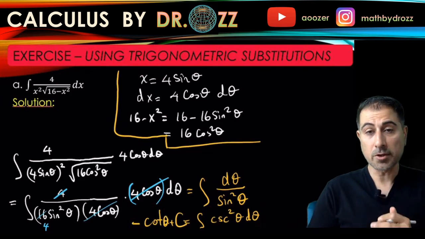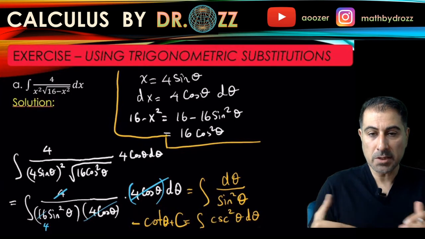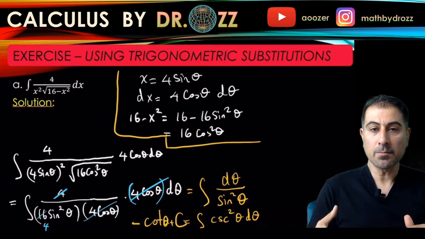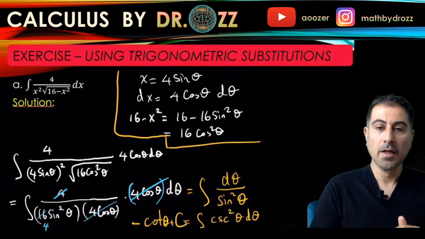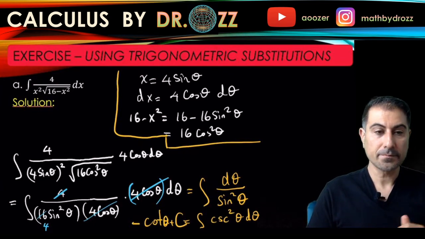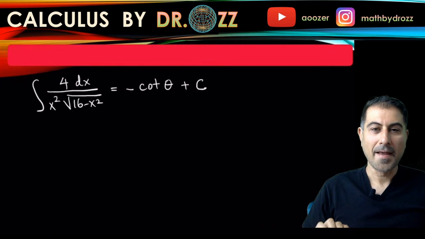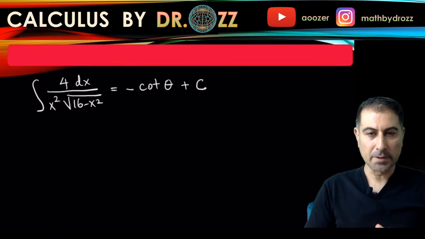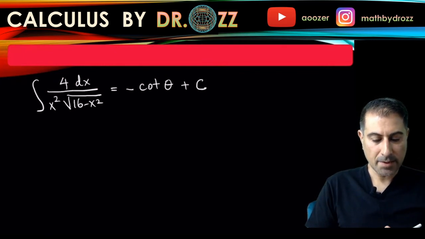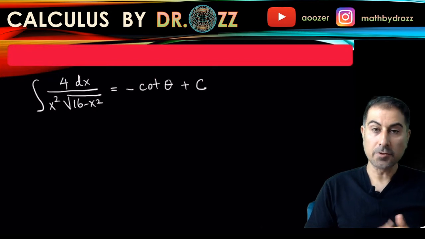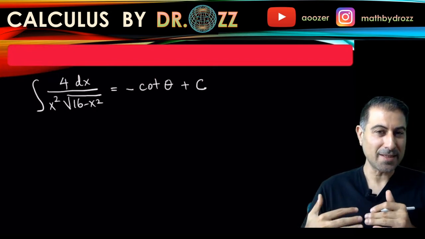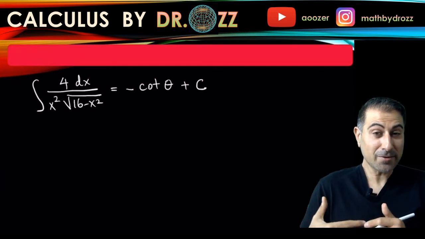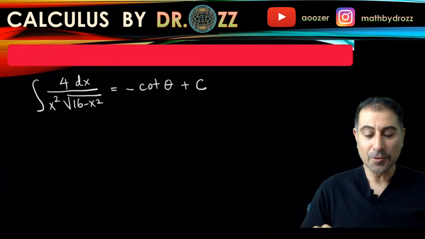I'm going to go back to the original variable. I have to go back to the original variable because there was no theta in the beginning of the problem, but I have this trig substitution, so we have to back substitute theta. This is me writing the result in a cleaner way. I have minus cotangent theta. To go back to the original variable, you have to use the right triangle, and this is the time to use it.